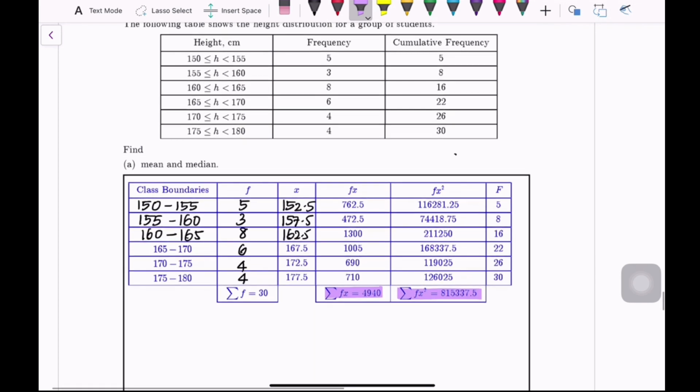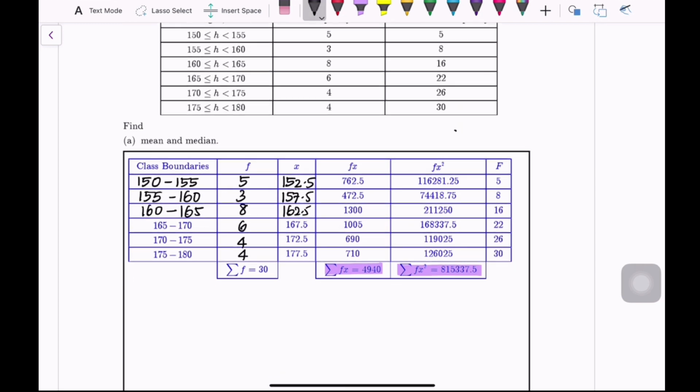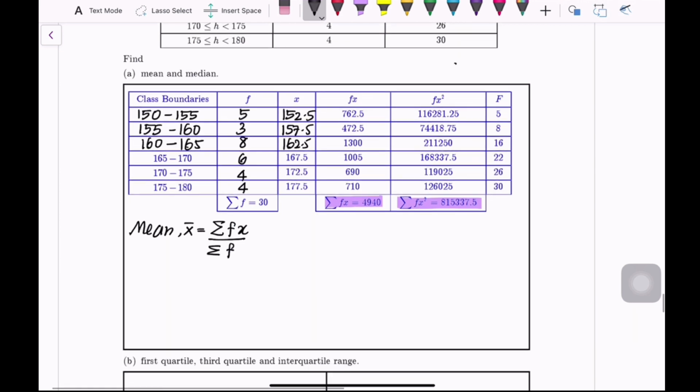For the last column, we write the cumulative frequency. The mean is equal to the sum of fx over the sum of f. So the sum of fx is 4940 over the sum of f, which is 30. The mean is equal to 164.67.